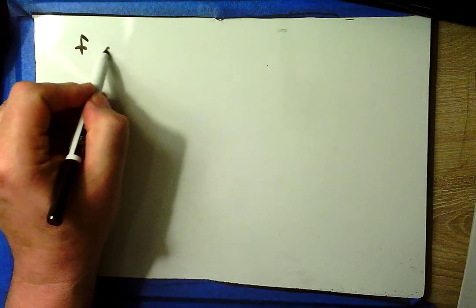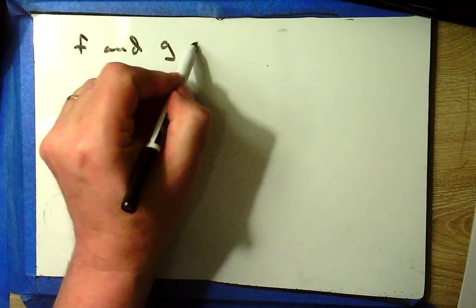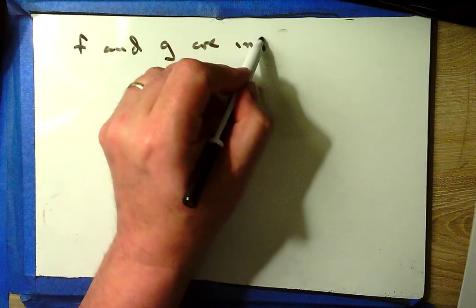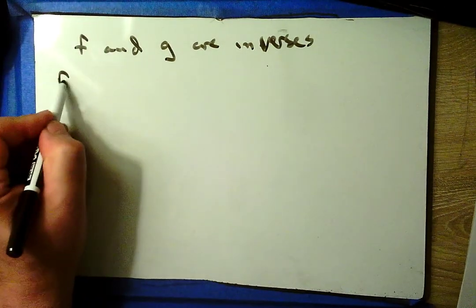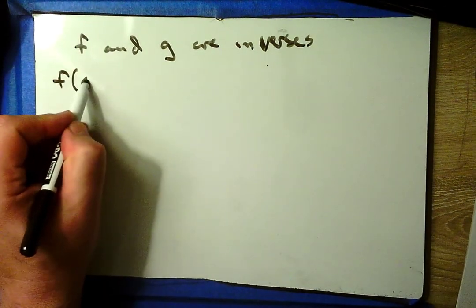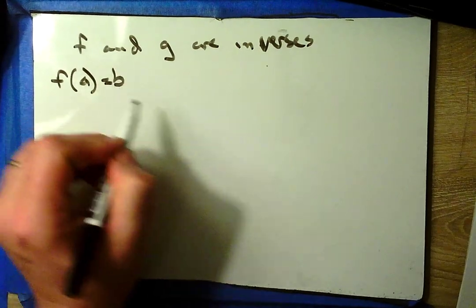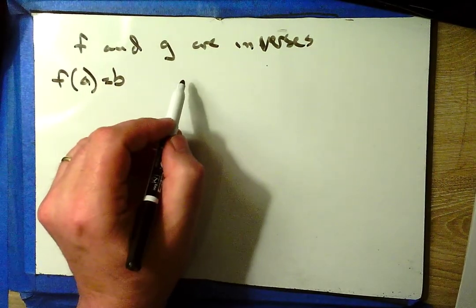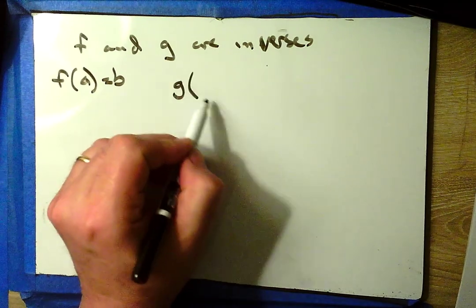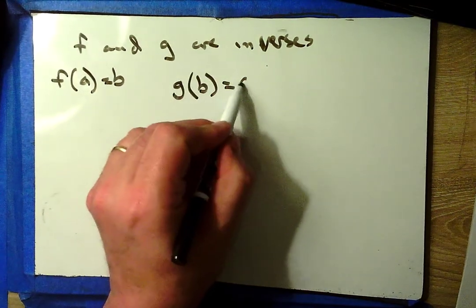Before we even do that, let's remember that if f and g are inverses, and we say there's this point, f of a equals b, we know that there must exist on the inverse function an inverse point, g of b equals a.